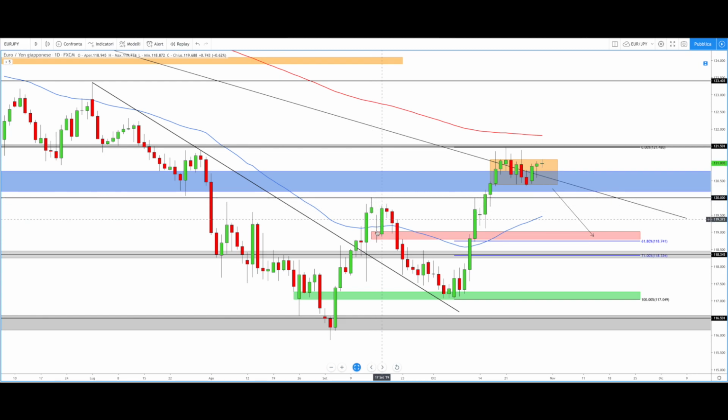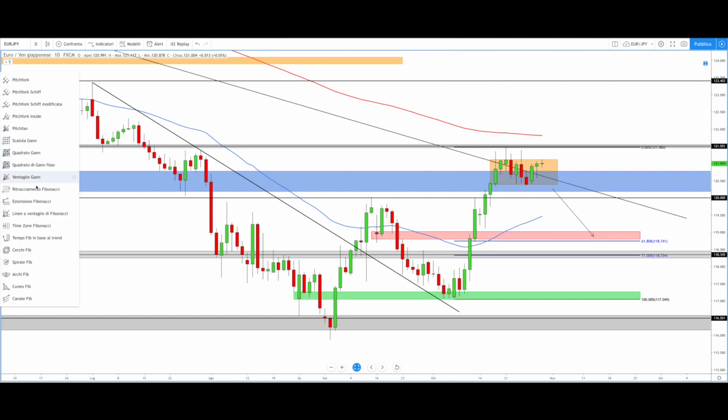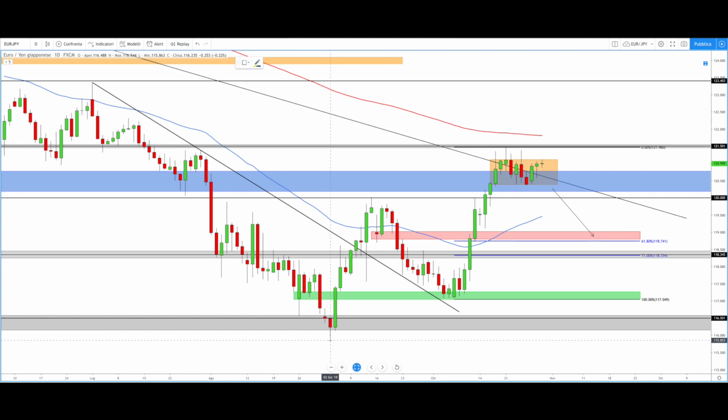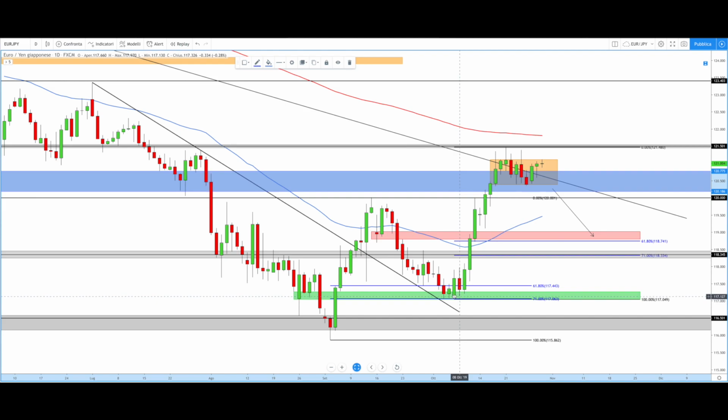And we can see that from this point the price started a strong correction that led it to touch here 117.20. And using Fibonacci on this first bullish movement here, we can see that the price perfectly touched these two Fibonacci retracement 0.71, and from this point started a huge bullish movement that broke this key level, giving us a huge bullish signal.